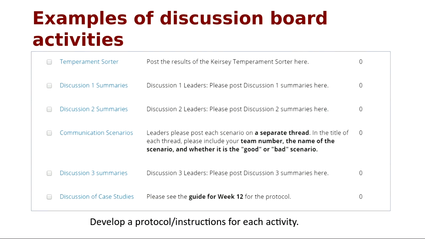The first example here, the temperament sorter, is a non-graded activity conducted at the beginning of a class where students just discover who they are, apply the Temperament Sorter to themselves, post their results on the discussion board and look for others who are either close to them according to the results of the temperament sorter, or are totally different, and just have a light discussion about how we are all different.